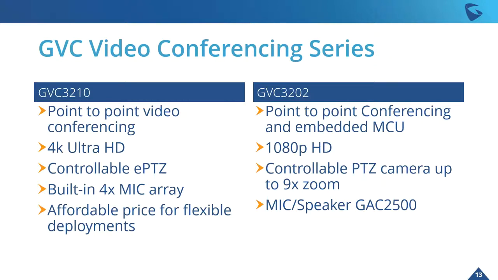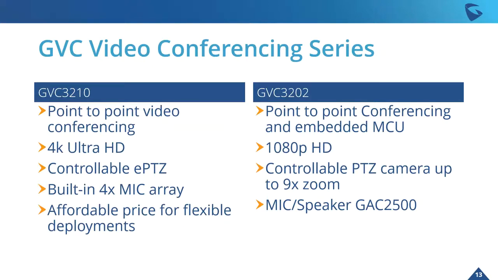The 3210 though has that 4K Ultra HD for that complete crystal clear quality that we found is really important for small to medium businesses that are looking to break into video conferencing, comparatively to the 1080p HD of the 3202.